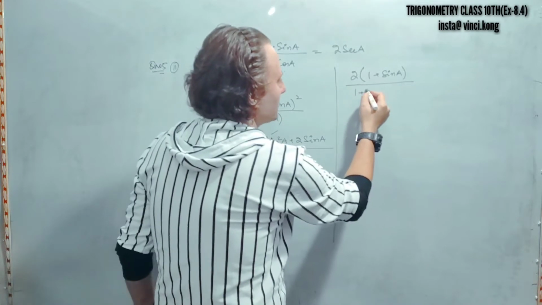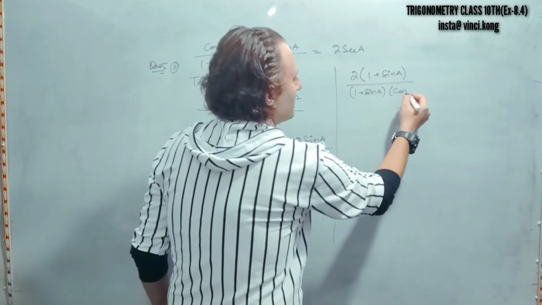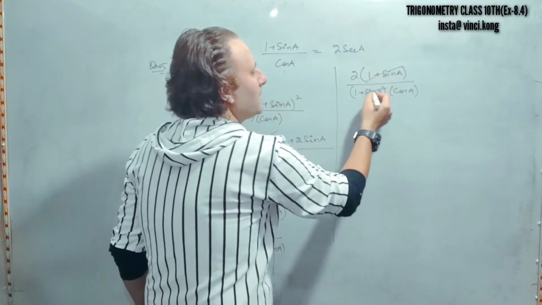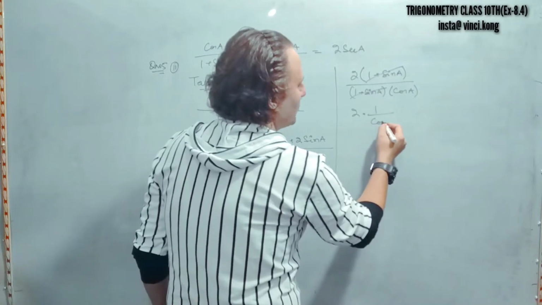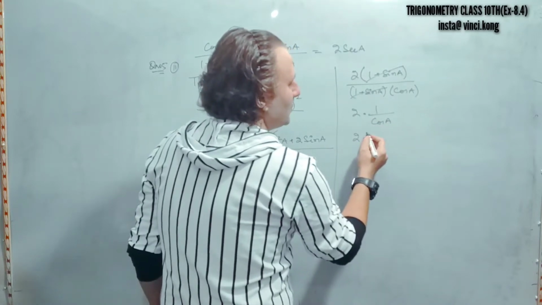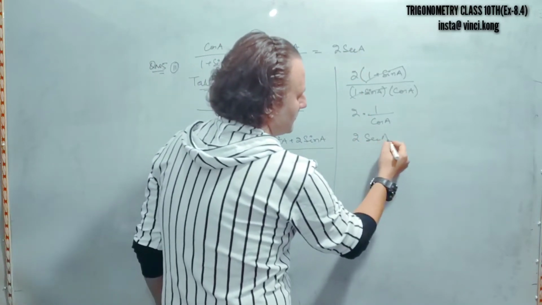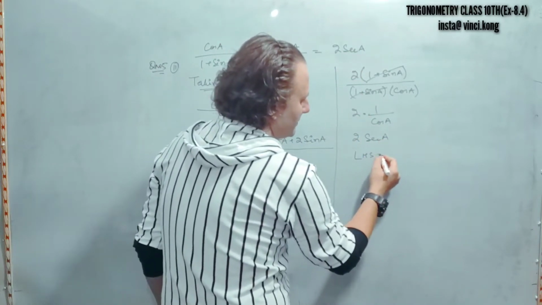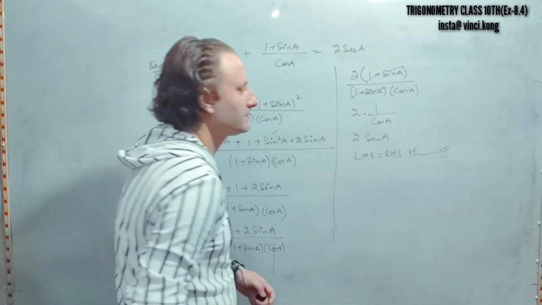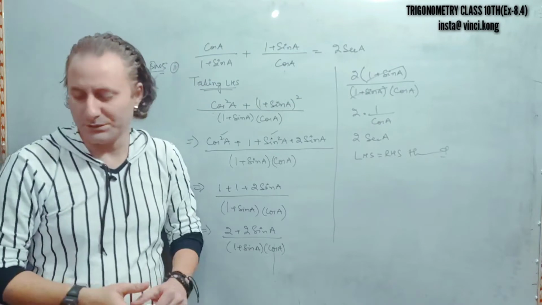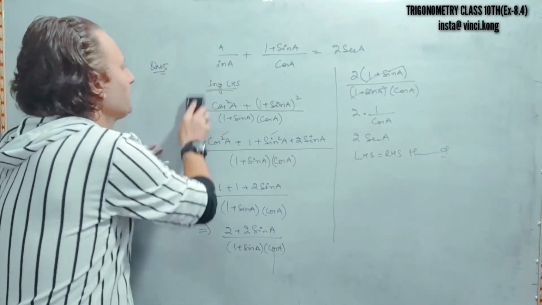I have 1 plus sin A, then I have cos A. 1 plus sin A and 1 plus sin A gone. So what do I have? I have 2 multiplied by 1 upon cos A, and 1 upon cos A is sec A. So that means LHS is equal to RHS. Right guys? Very simple. Please make a note of this as well, and I'll move to part number 3.